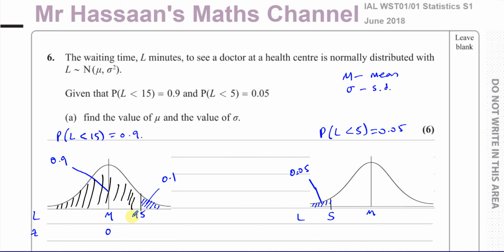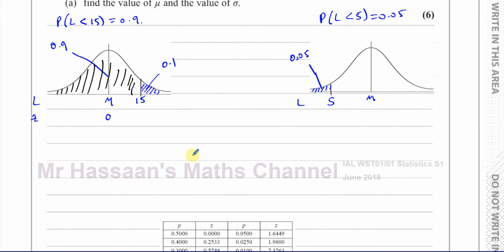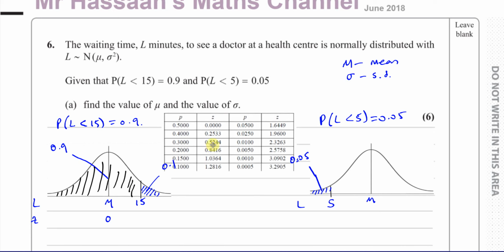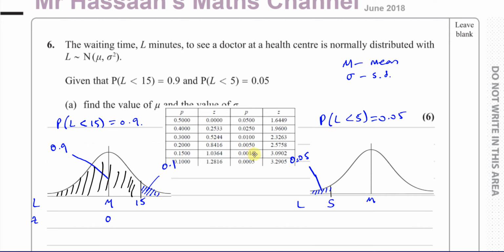So I can use this to find out what this Z value is by using that small table, which I have a copy of over here. So if I take this and put it over here somewhere so I can see what's happening. Now what I'm looking for is the probability of 0.1, not the Z value, and the value of Z such that this is the area to the right of it is 1.2816.